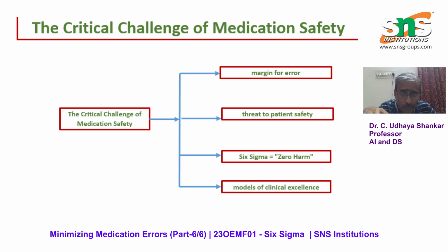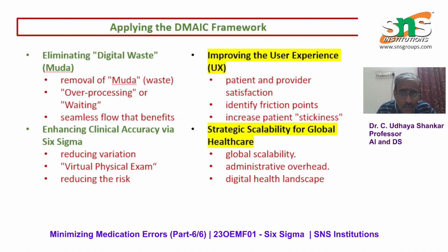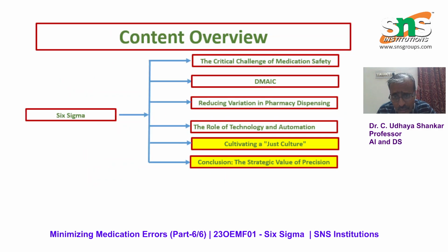This is the critical challenge of medical safety, and here we were discussing cultivating a just culture. For any MBA student, it is essential to understand that Six Sigma is not about mathematics.